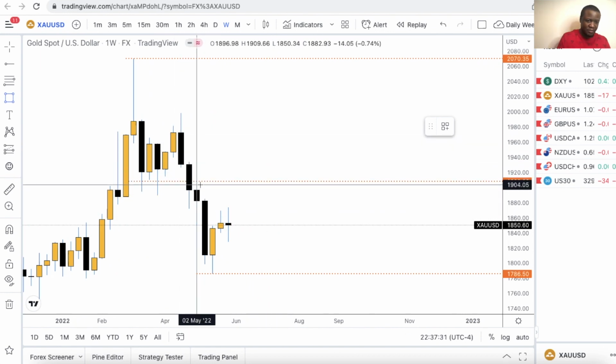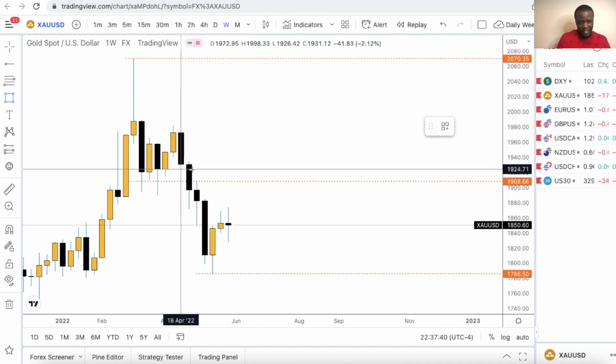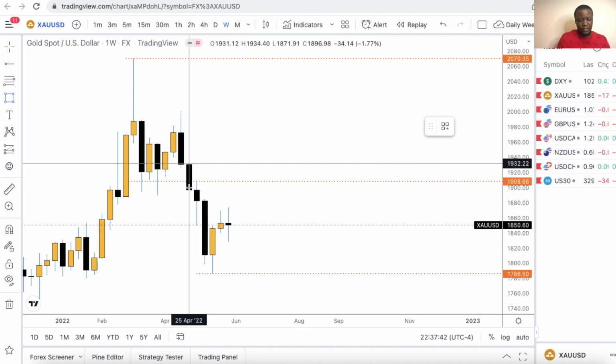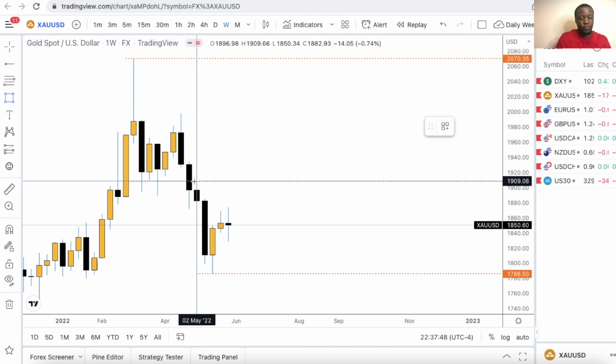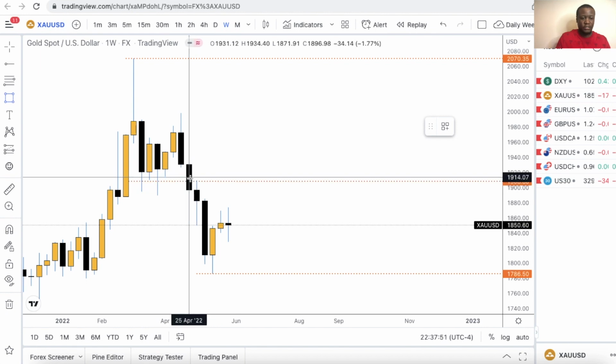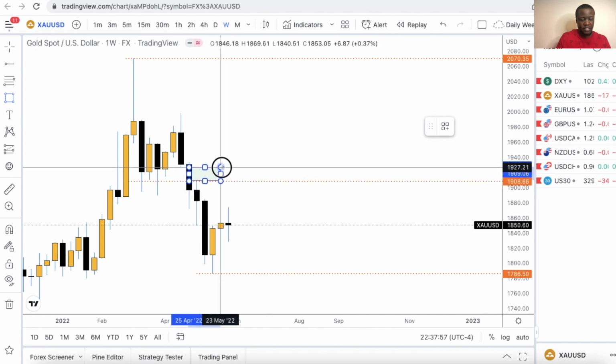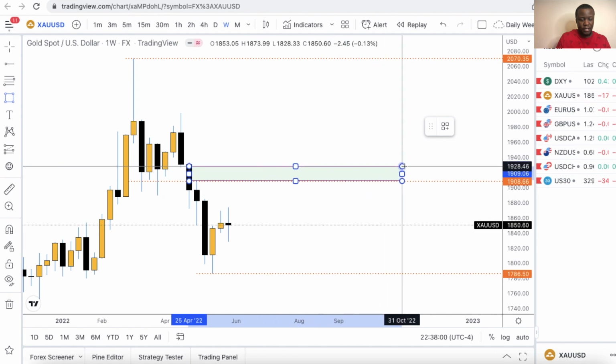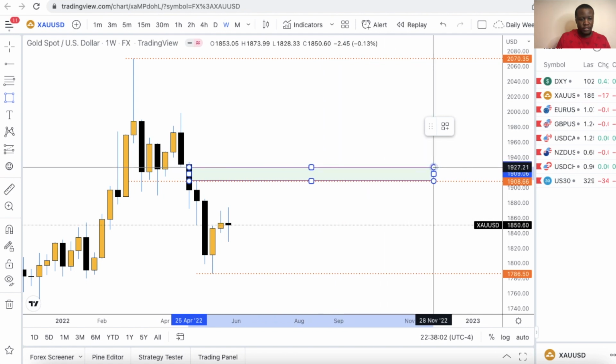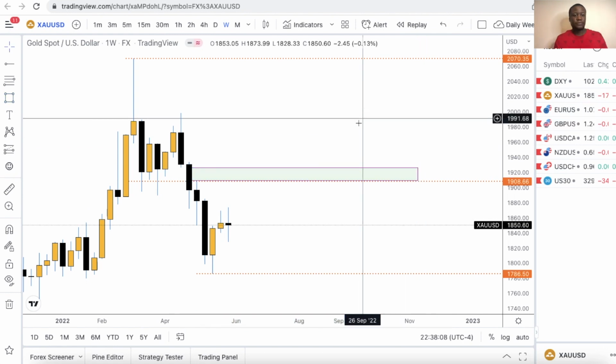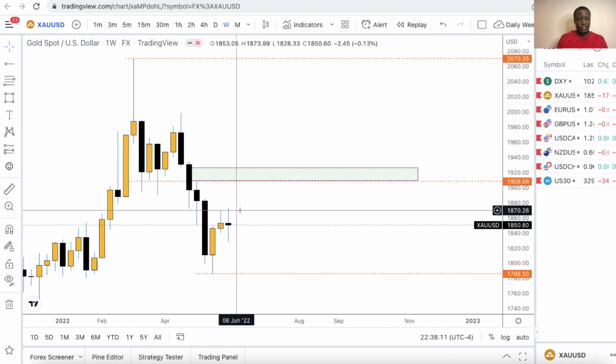We had a little bit of retracement with this up candle, but it didn't close in this level right here. So when you see a level where you have a lot of down movement and no return, and it doesn't fill this gap right here, then you can mark it off because potentially this is a major level, and the market will want to return to it. All right. So the market potentially will want to return to this level.